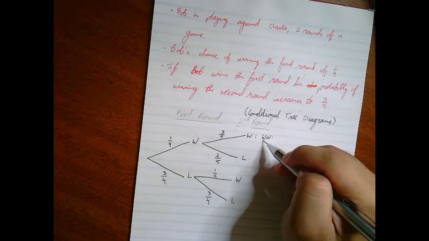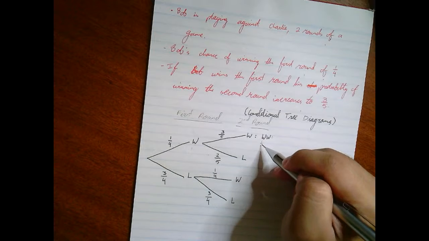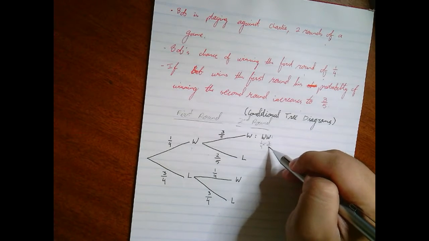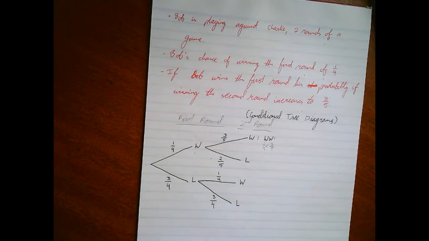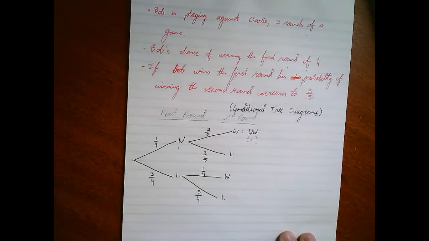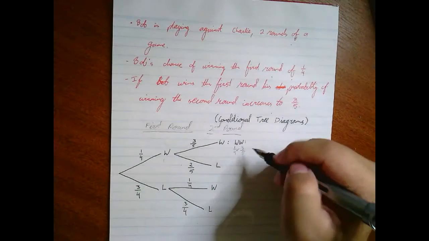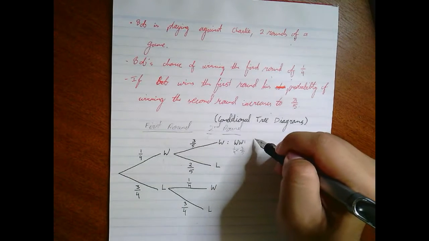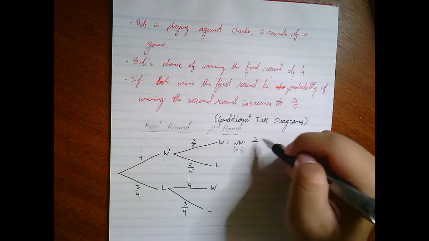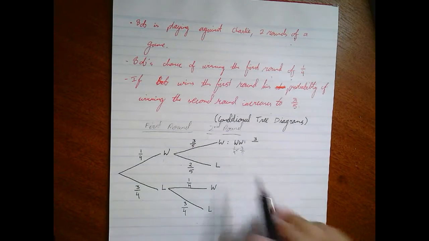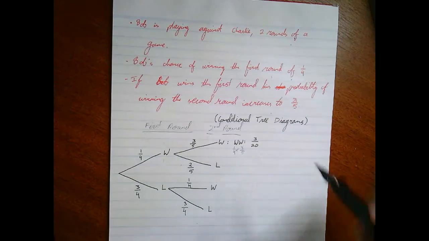So in the first one, for him to win, he's going to get 1/4 times 3/5. That would give a result of 1 times 3 is 3, 4 times 5 is 20.